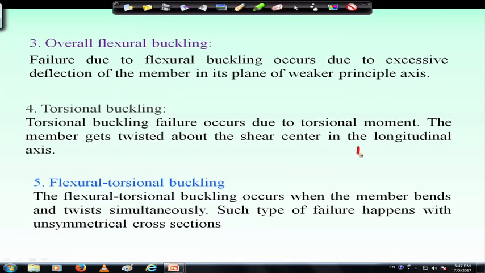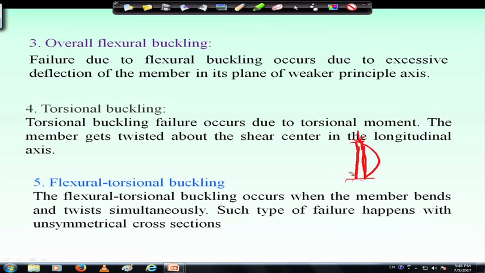For example, we have a long column compared to its lateral dimension. In such cases it may buckle in this way. So, before failing due to crushing, it may fail due to buckling. Such buckling phenomena have to be taken care of while considering the strength of the compression member.